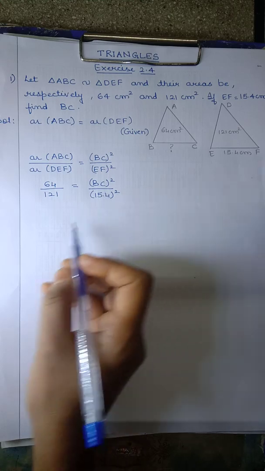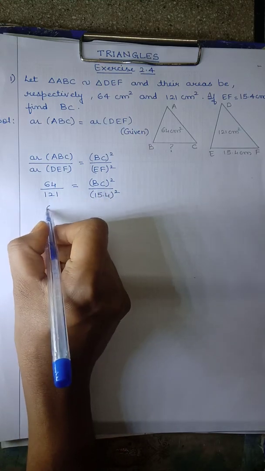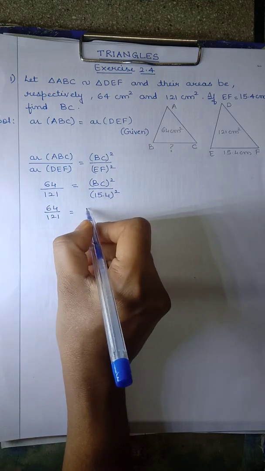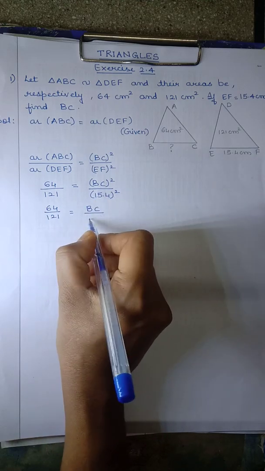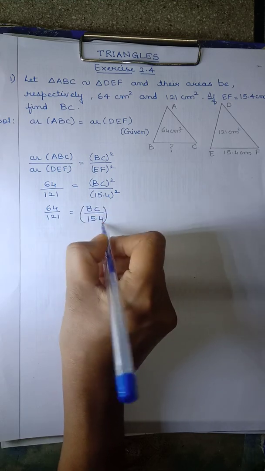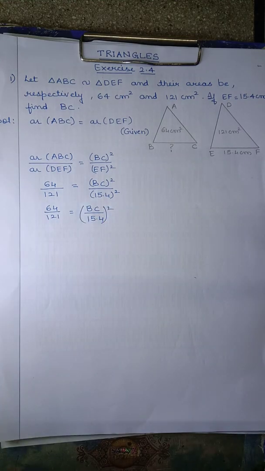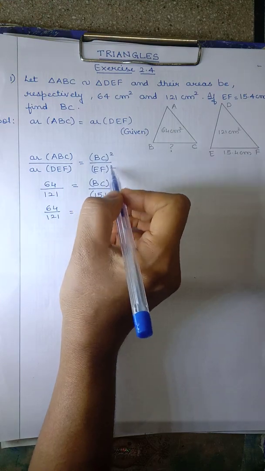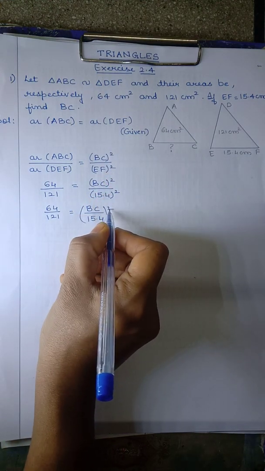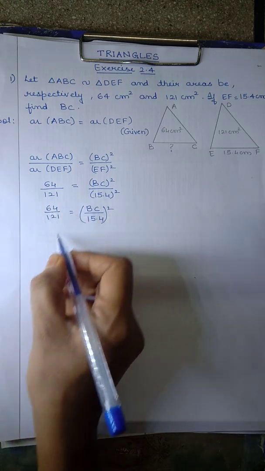Okay, children. Now 64 upon 121 is nothing but BC upon 15.4 whole raised to square. Yes, in the beginning also you can write BC upon EF whole raised to square. Now if you want to cancel this square, take the square root on the other side.